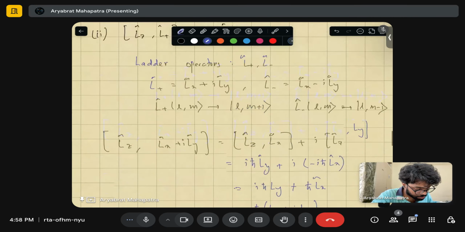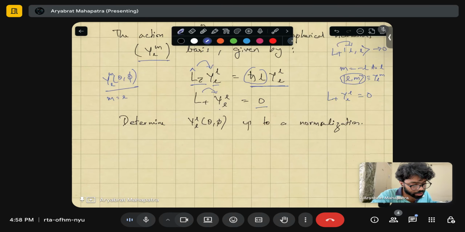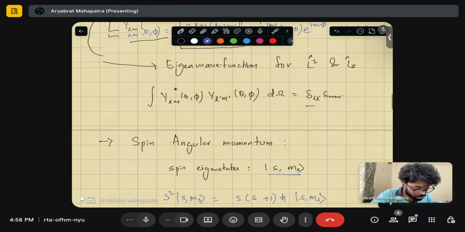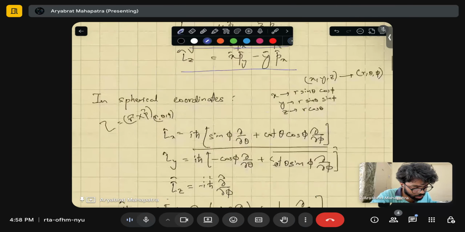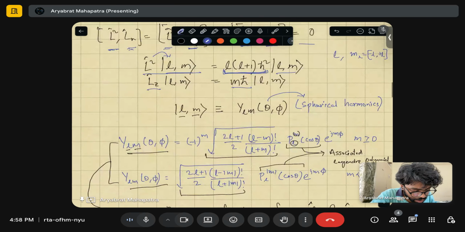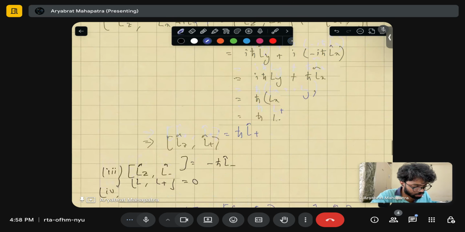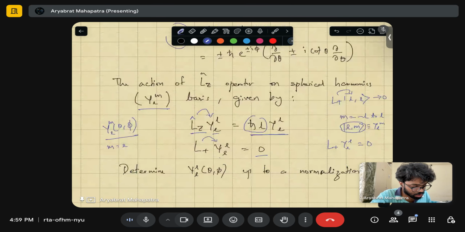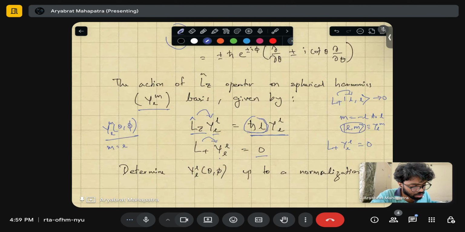Sorry, that was L square; in the question it is given for LZ. So when LZ acts on LM, you get M times H bar. Since M is equal to L for the case given in the question, it has to be L H bar.